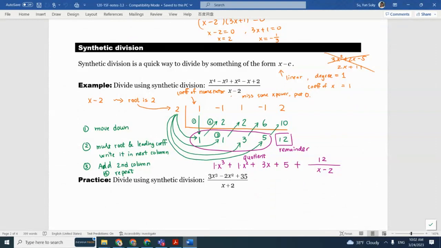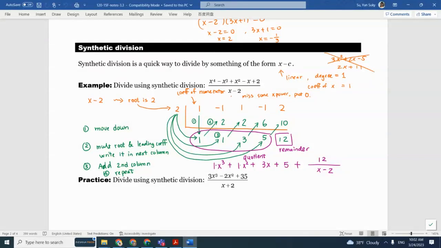Let's review synthetic division. You look at the divisor, x minus 2. Then the root is 2. Your root is always the opposite sign of the constant term. Is that okay, everybody? And you put the root right here. And then on the first row, you write down the coefficients of the x powers.